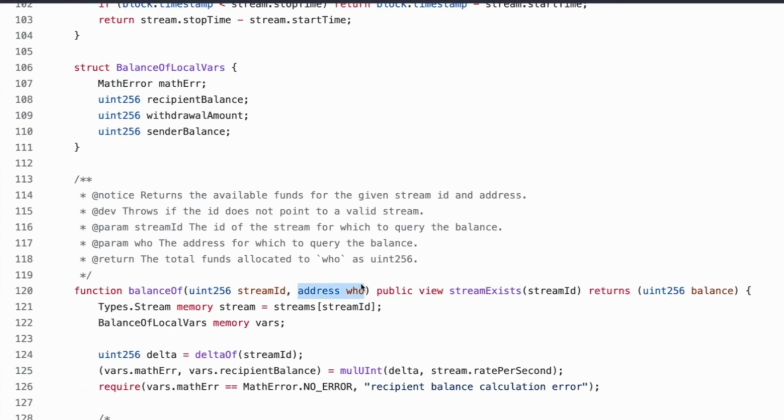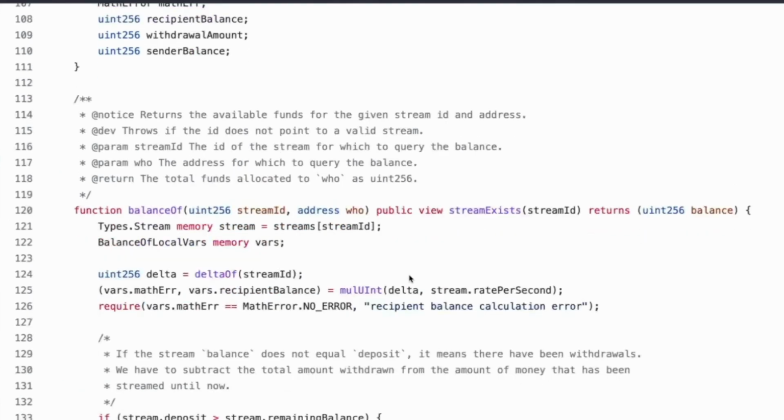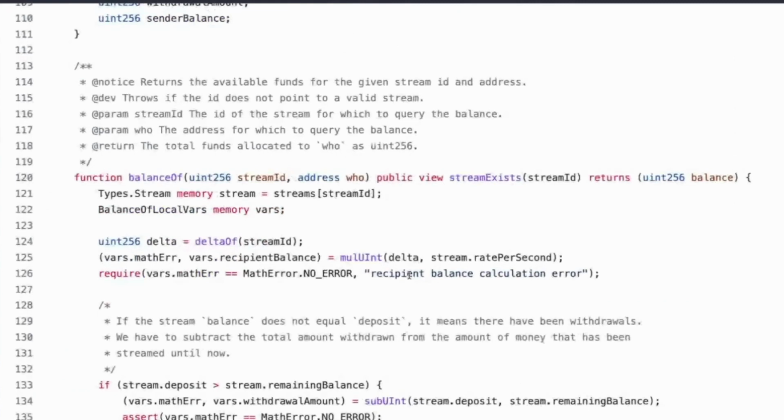How much can I claim? Like how much is left for me? I don't know. It's public. So anyone can call it. So I guess you can call it from both sides. Maybe that's what it is. Let's see. So they take types.stream, memory stream. Okay, they just get this struct for this stream ID. Then they get the balance of local variables, memory vars.